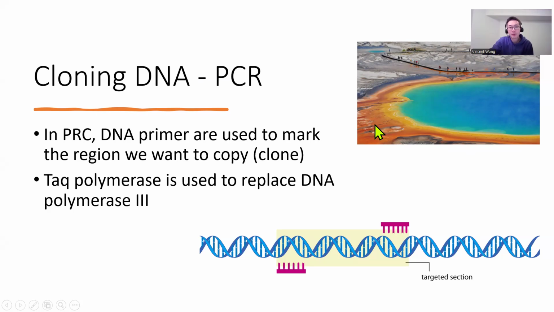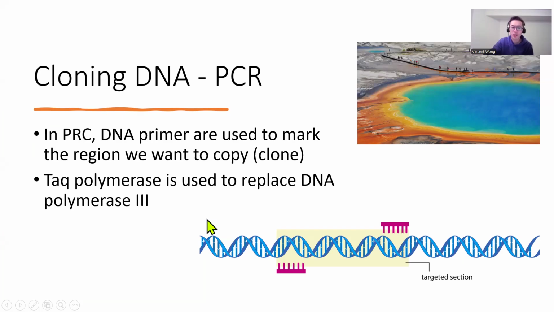And what scientists did was they took the bacteria and they studied them and found out they have a special kind of polymerase that is heat resistant. Okay? It's called Taq polymerase. Okay? So this is the polymerase used by those bacteria to copy their DNA, and they are fully functional at really high temperature. So in PCR, we are using Taq polymerase instead of regular DNA polymerase 3.